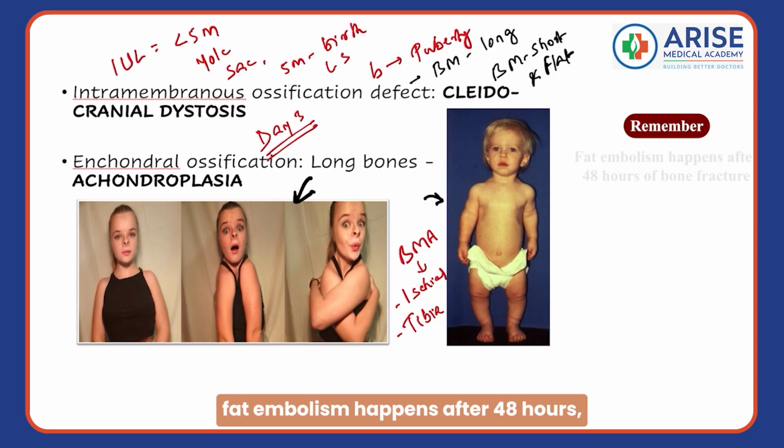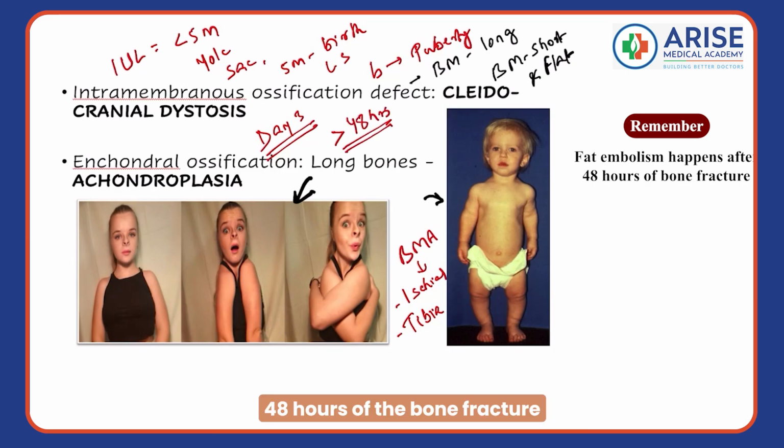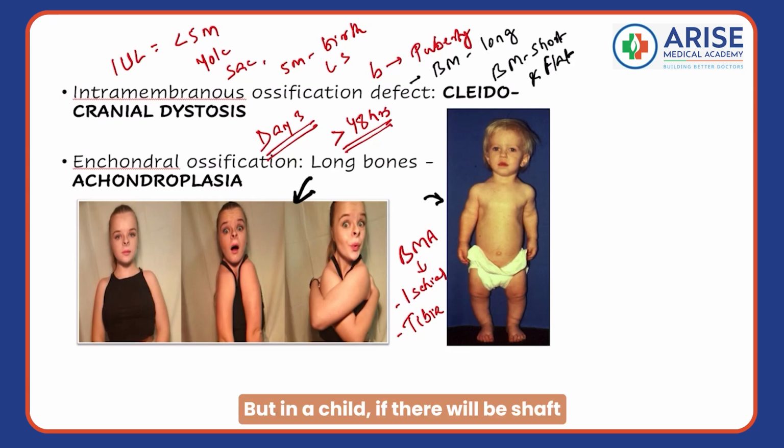Please remember, fat embolism happens after 48 hours of the bone fracture. But in a child with a shaft of femur fracture, we can wait up to a few days. Easy to understand? I hope all these points are clear to everyone.